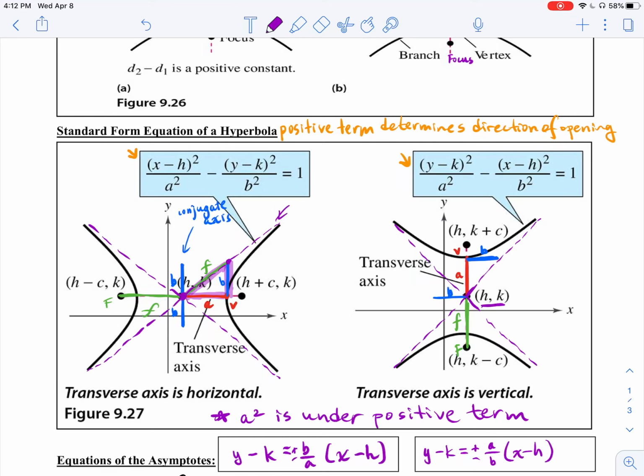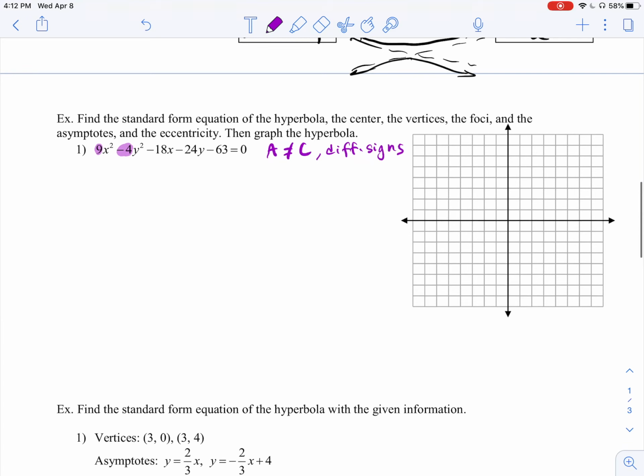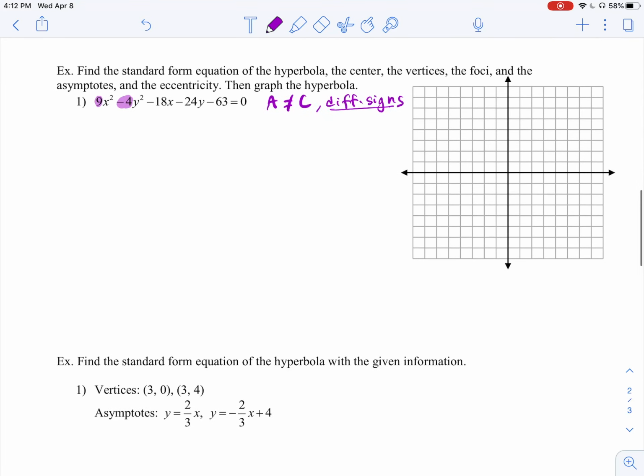But with hyperbolas, if we look back at our standard form equations, it turns out a squared and b squared could be the same. Them being the same has no bearing on whether or not it's a hyperbola. What matters is that they have opposite signs. So really the big thing that I should emphasize is the fact that A and C had different signs. That's what makes this a hyperbola. So let's try the problem now.